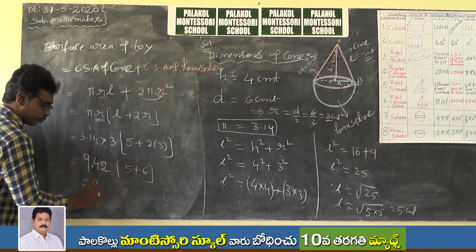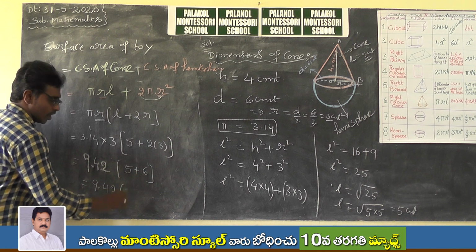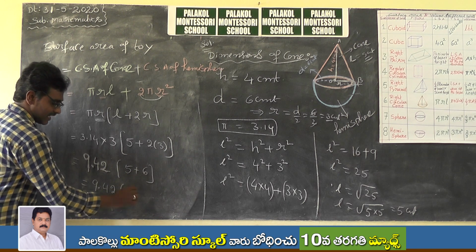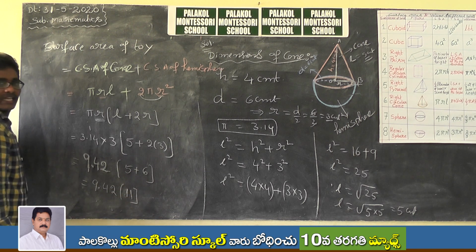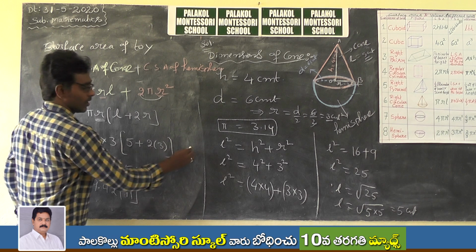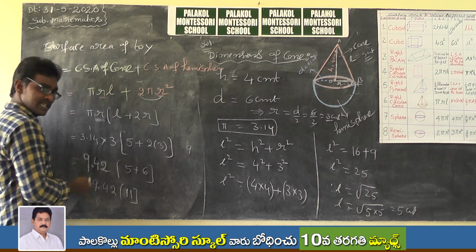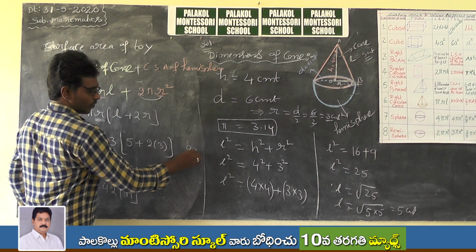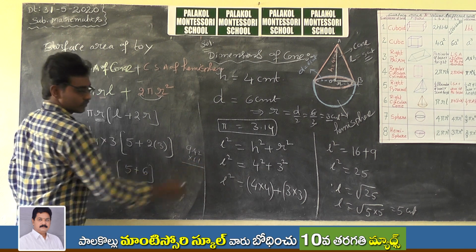So 9.42 into 5 plus 6 is 11. So the multiplication is 9.42 into 11.